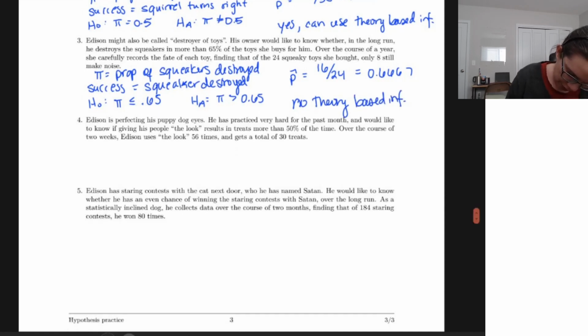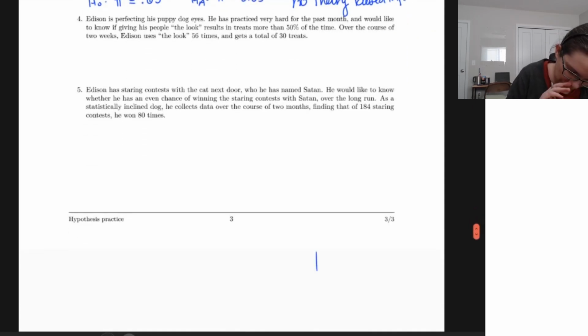All right, Edison is perfecting his puppy dog eyes. He has practiced very hard for the past month and would like to know if giving his people the look results in treats more than 50% of the time. Over the course of 2 weeks, Edison uses the look 56 times and gets a total of 30 treats because Edison is a spoiled puppy.